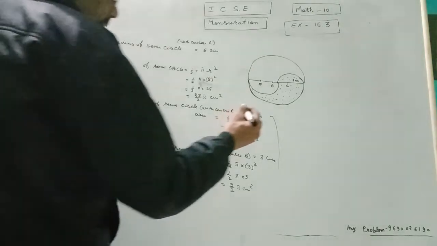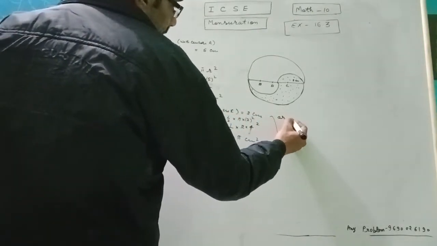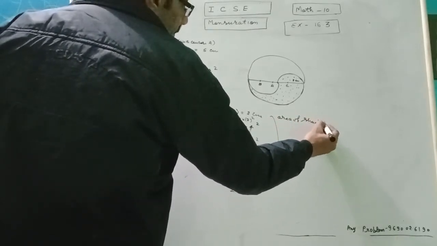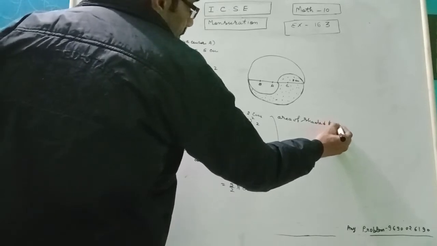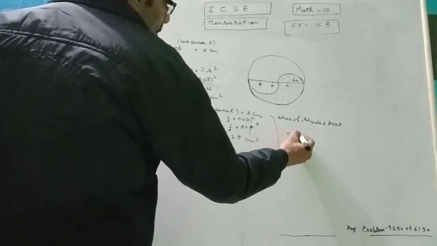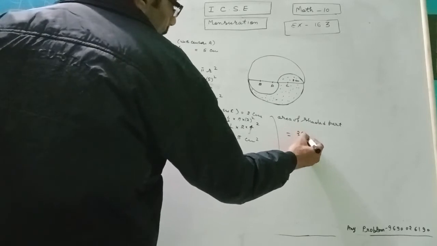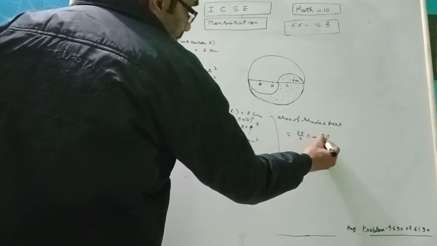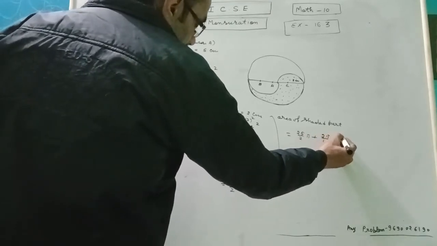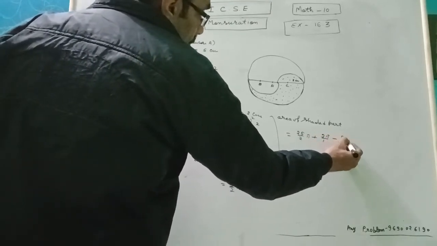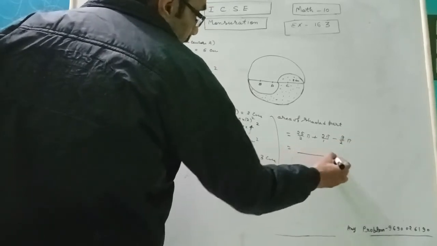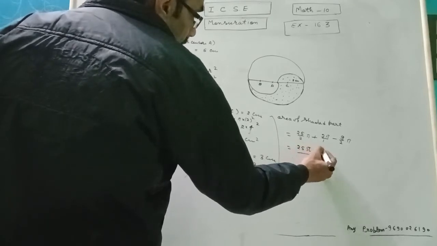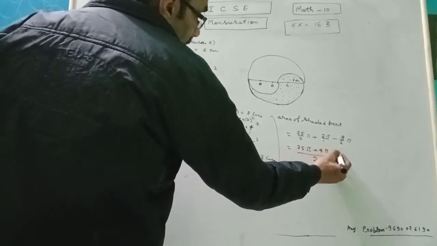Area of shaded part is equal to 25/2 pi plus 2 pi minus 9/2 pi. After LCM, 25 pi plus 4 pi minus 9 pi.